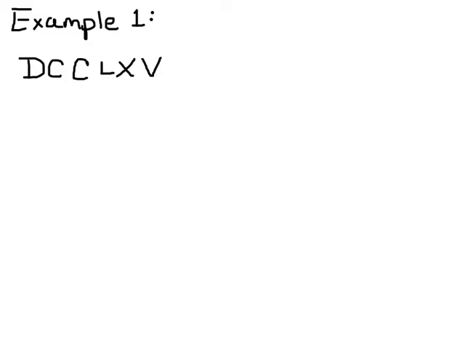Okay, let's work some example problems and then we'll do your practice. So in this example, D represents 500. And then C and C are both 100.